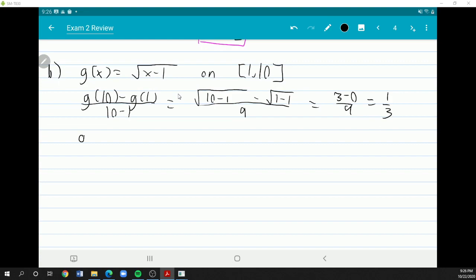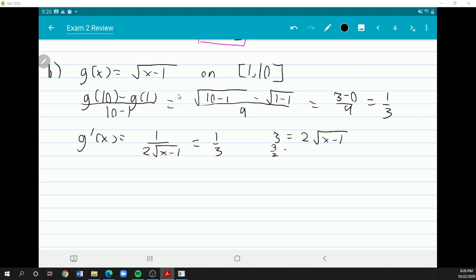Now let's take a derivative. So g prime of x is 1 over 2 root x minus 1. There's a little bit of chain rule going on there, but definitely nothing too bad. And now we set this equal to 1 over 3. So cross multiply and divide. You get 3 equals 2 root x minus 1.